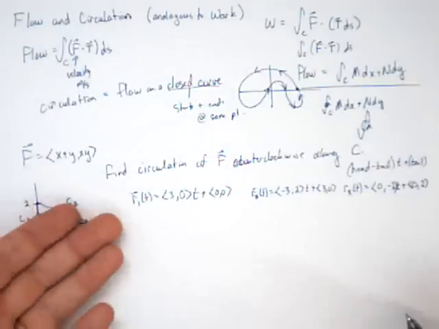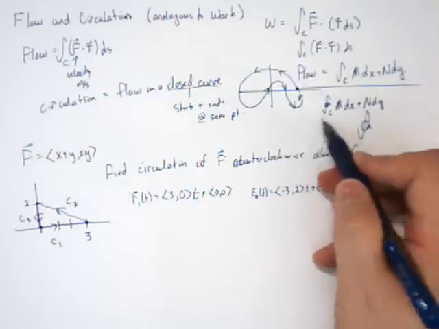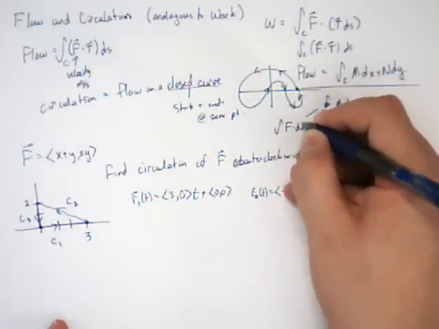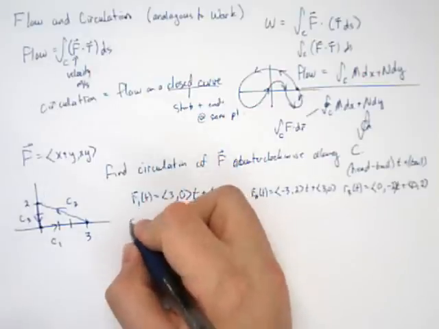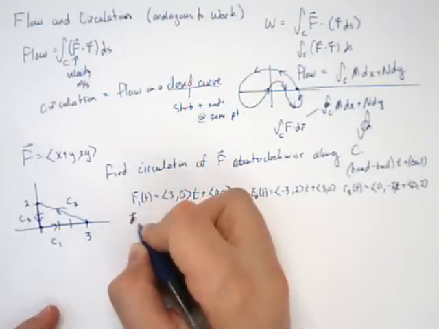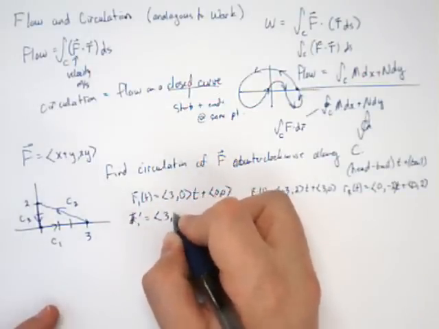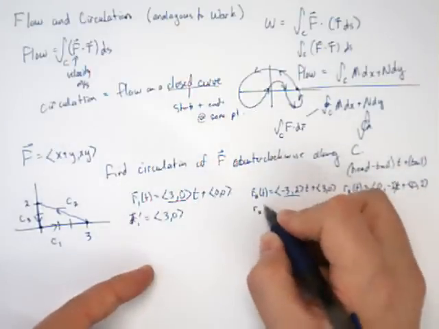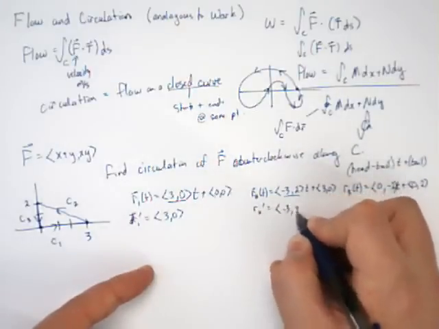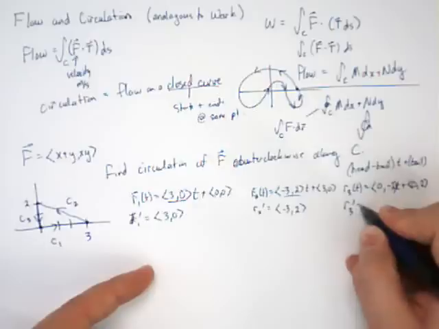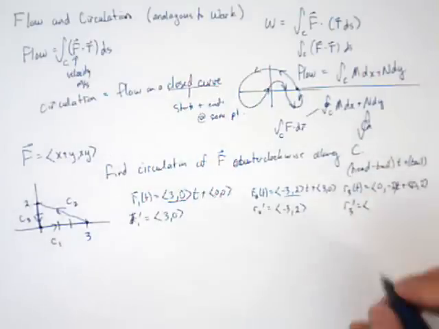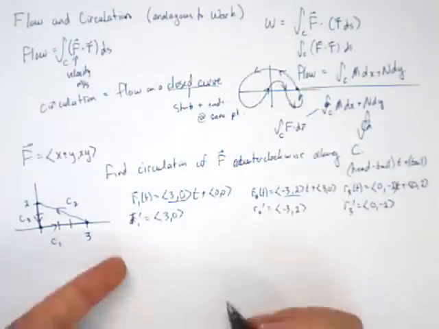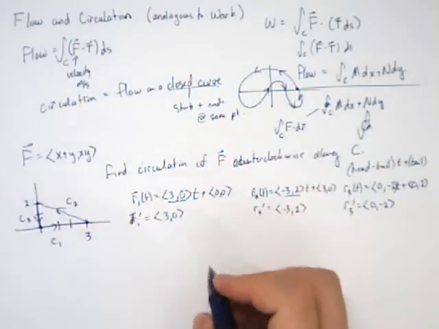Alright, so now that we've got each of the parameterizations, remember to compute this, we're really just computing F dot dr. So I need to know what's dr, or what's r1 prime. In this case, it's just ⟨3, 0⟩. It's really just that vector in each case. So r2 prime is ⟨-3, 2⟩, and r3 prime is ⟨0, -2⟩. Now, it's going to help us later if we actually get rid of the plus sign.